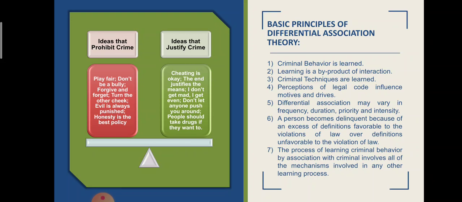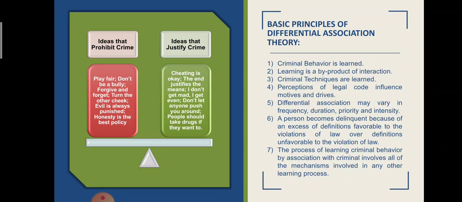If in your province it is forbidden, and at 6 o'clock you are already at home, when you go to the city, at 12 midnight you are out of your residence. So there is a culture conflict. That is what is said in number 4. Perceptions of legal code influence motives and drives. The conflict of social attitudes and culture norms is the basis for the concept of differential association.